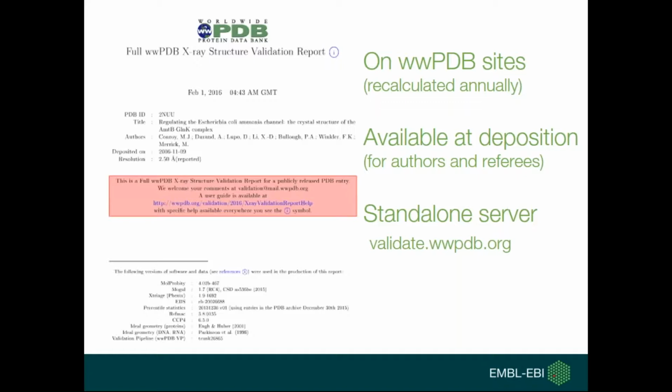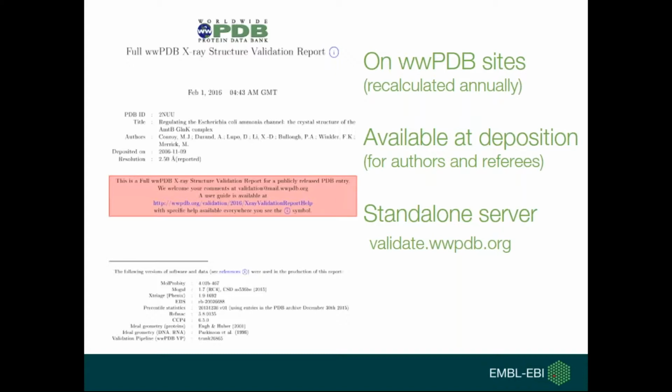It's also available at deposition, so if you solve a structure and you deposit it with the PDB, we supply a report at the time of that, and that's for the authors to look at and hopefully to go out to referees when the paper is being published, so the referees can assess the quality of the data.